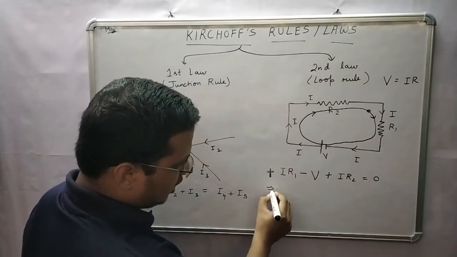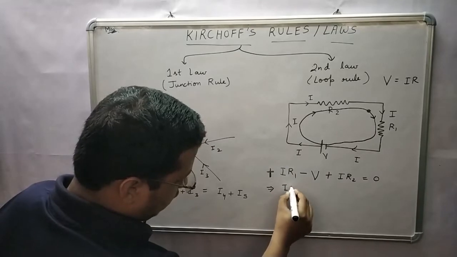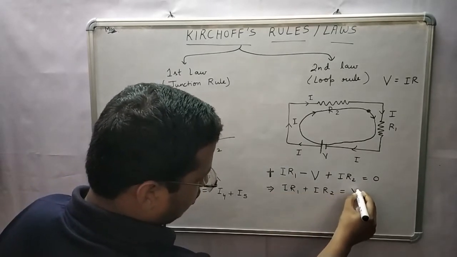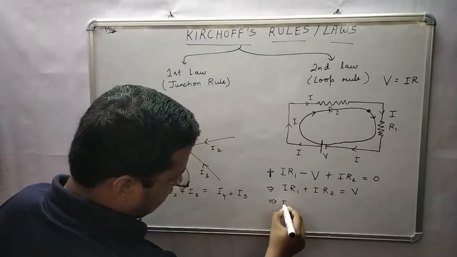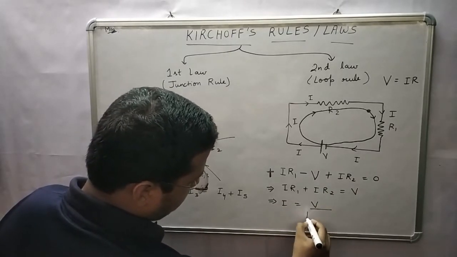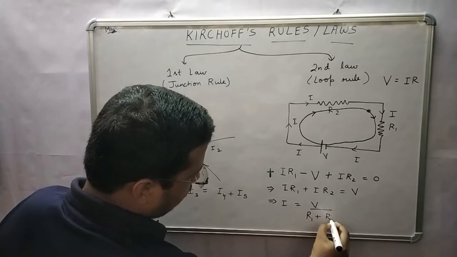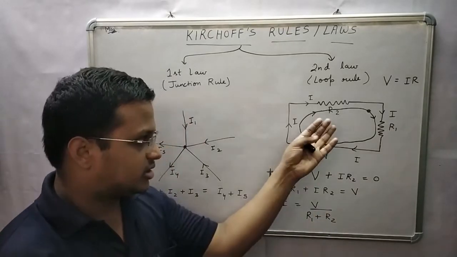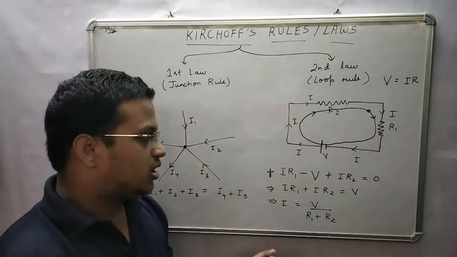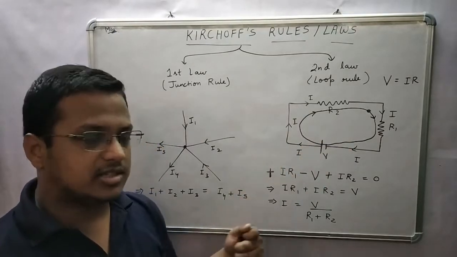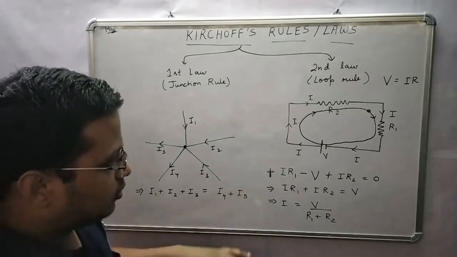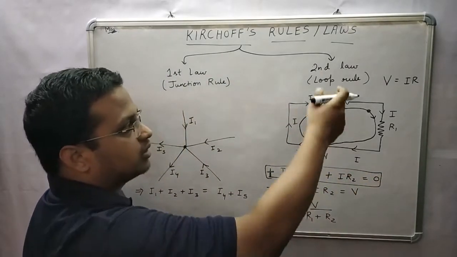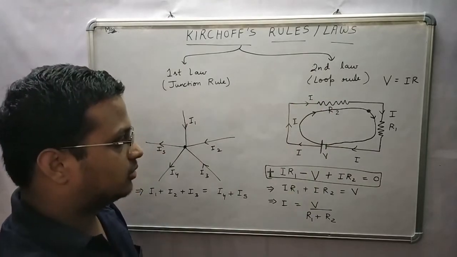That implies IR1 plus IR2 is equal to V, or I is equal to V by R1 plus R2. Generally this is the rule that we use to calculate the current in different branches of a circuit. This is the equation that you will get if you follow Kirchhoff's second law.